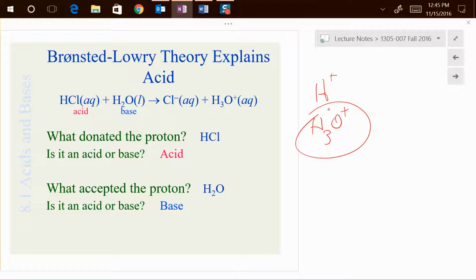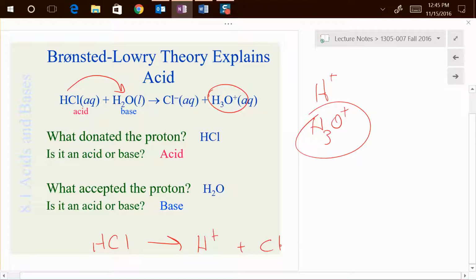It means the exact same thing. I could just write these differently. If I show the water in the reaction, I have to write H3O plus. If I just say HCl dissociates into H plus plus Cl minus, then I don't include the water, and I don't say H3O plus. That's really the difference. Did you include water in the reaction or not? Or did you just simply assume it to be there?